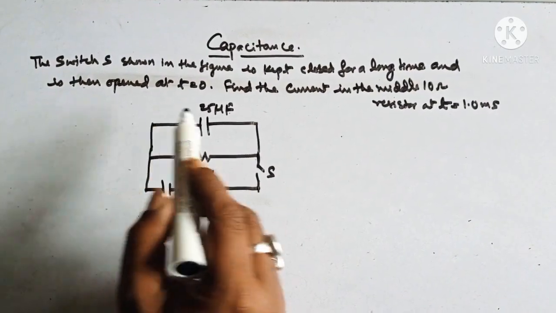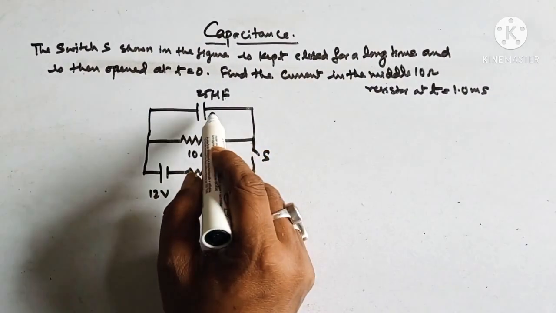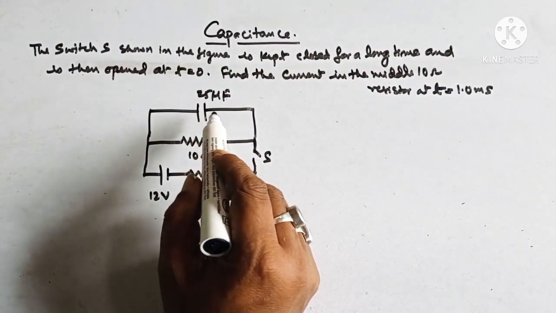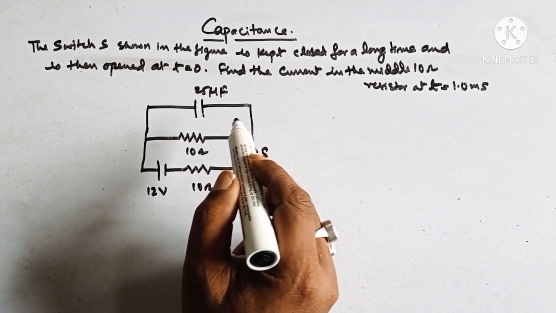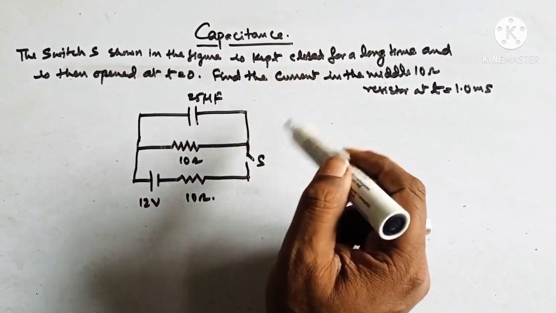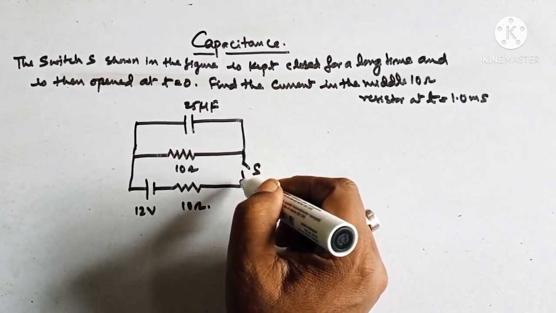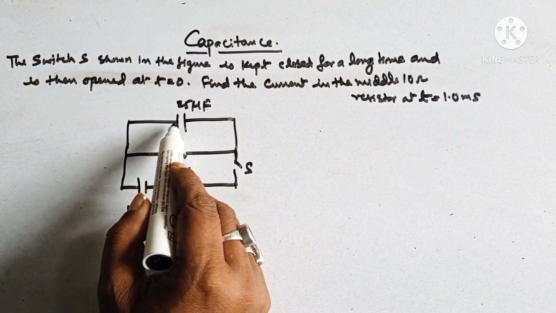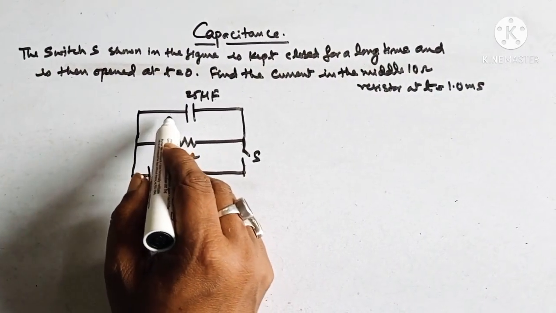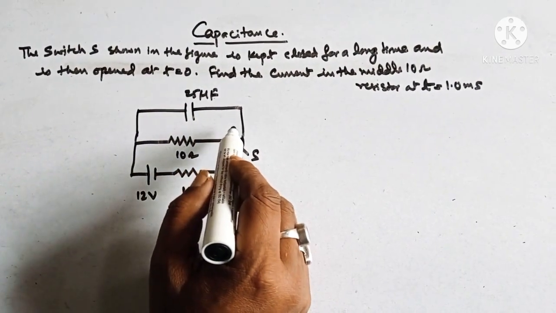Capacitance. Here I have taken this circuit to make you understand what a capacitance does. What is the work of a capacitance? In this figure, the switch is kept closed for a long time and then it is opened. When the capacitance is being charged, there is a flow of current in the circuit.